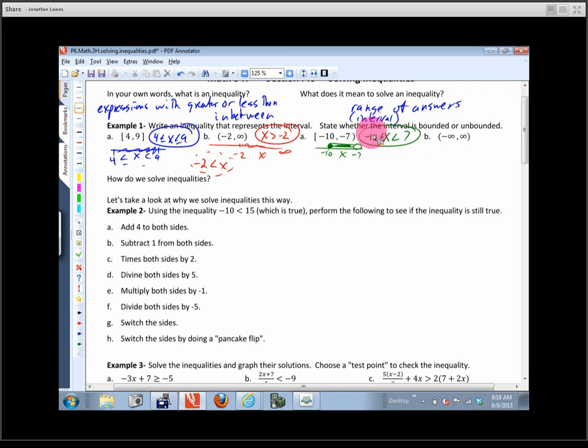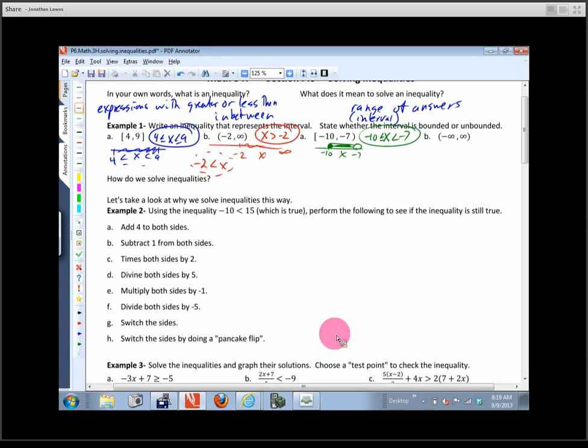Okay. That's how we'd read that from left to right. -10 less than or equal to x is less than -7. Or we could read it this way. We could read it as x is greater than or equal to -10, and at the same time it's less than -7. Okay, so you could always read it from the variable. Oh, is it a -7? Thank you very much. Thanks for catching me there.